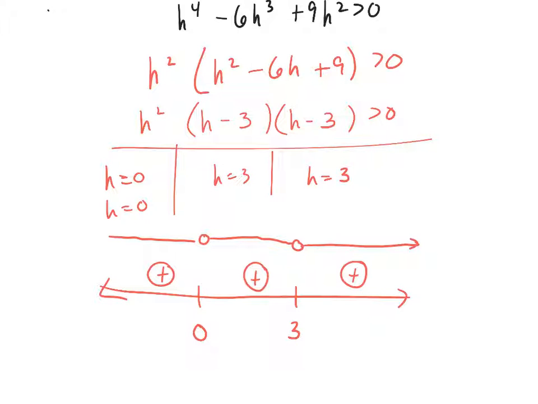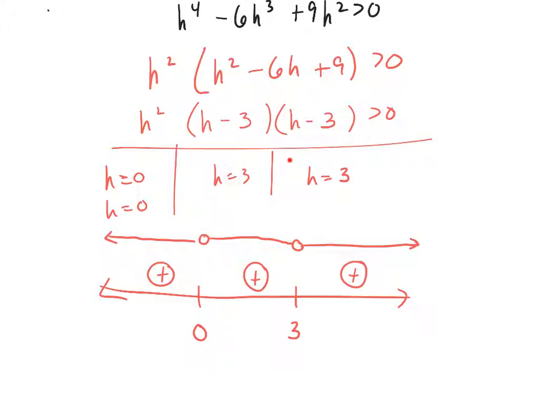Because we wanted to know, for those that are a little bit lost right now, when is this function greater than 0? Well, every scenario, if we try a number, is going to be greater than 0, because really, what am I doing? I'm squaring something here. No matter what I plug in for h, if I square it, it's positive. And here, aren't I technically squaring h minus 3?